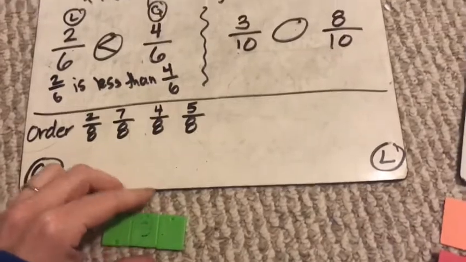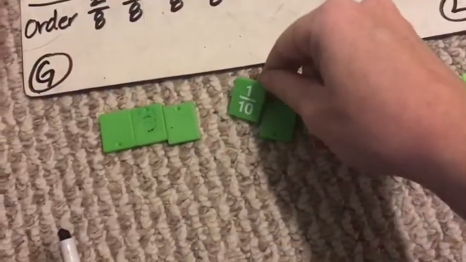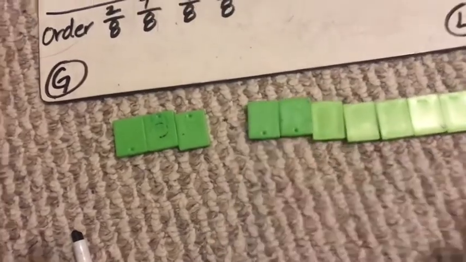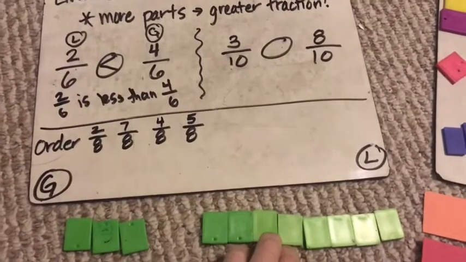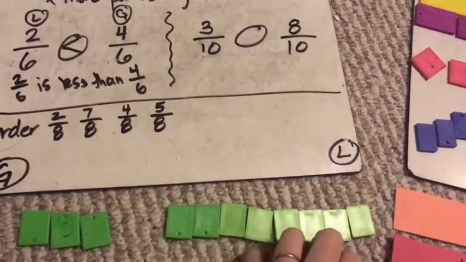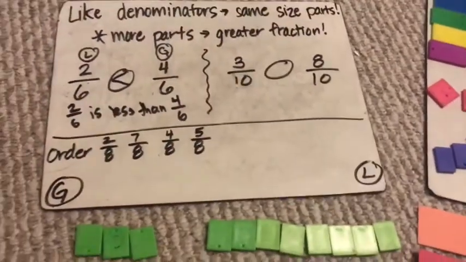And I need 8/10 for my second fraction. Okay, so I can see very clearly that since they're both tenths, whichever one I have more tenths of is going to be greater. So 8/10 is going to be greater than 3/10.